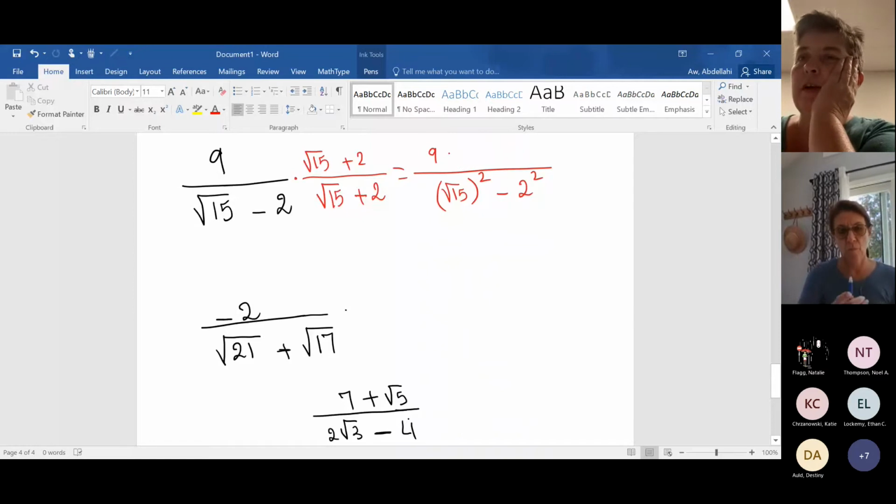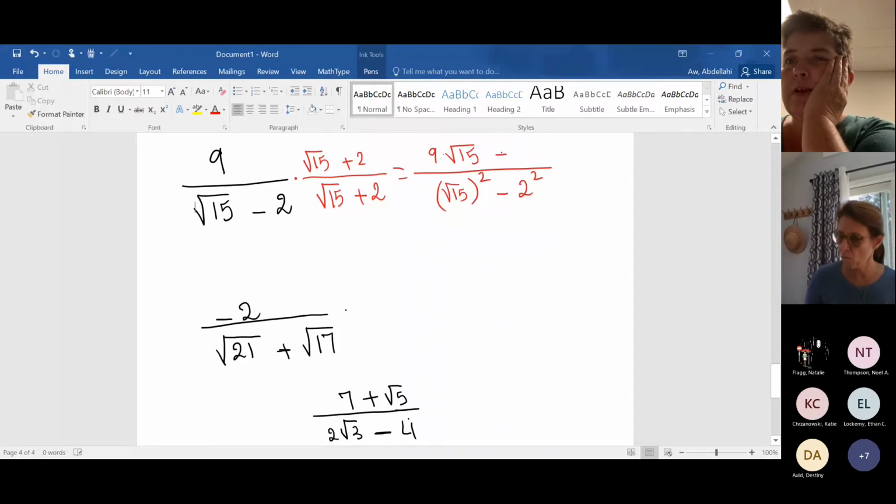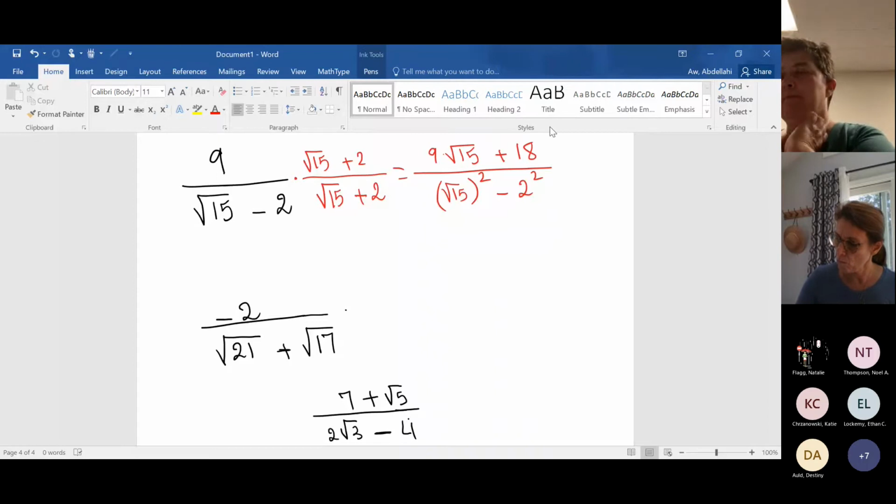No, I put 9 times root 15, and then plus 18. You see here, even if you don't distribute, it's okay. If you distribute, it's okay. If you don't distribute, it's also okay.